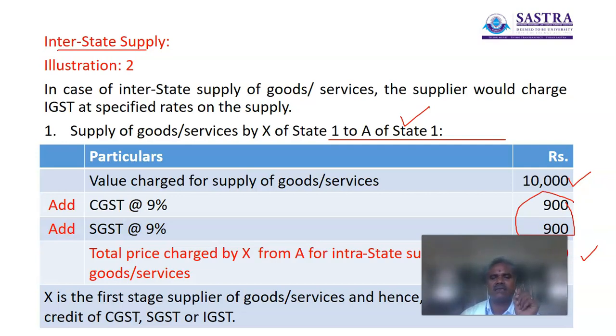You have to understand clearly. He paid tax on purchase. This is called input tax credit, ITC. Both ITC in CGST and ITC in SGST. It has to be adjusted in the next stage, you see.